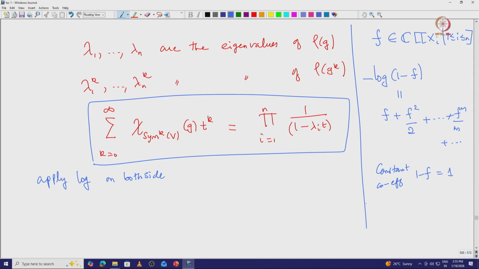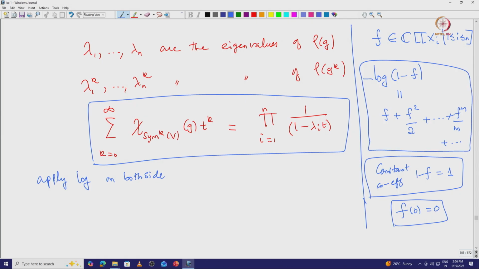So, that is the demand that we make. Okay. So, that is equivalent to saying that f of 0 is exactly 0. In this case, we will be able to define this logarithm formally, and we are going to use that logarithm here. So, if we take the logarithm, then what happens?